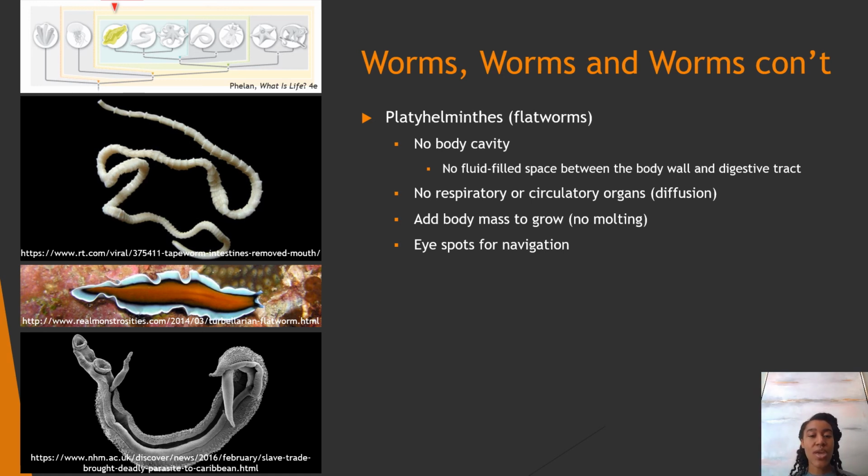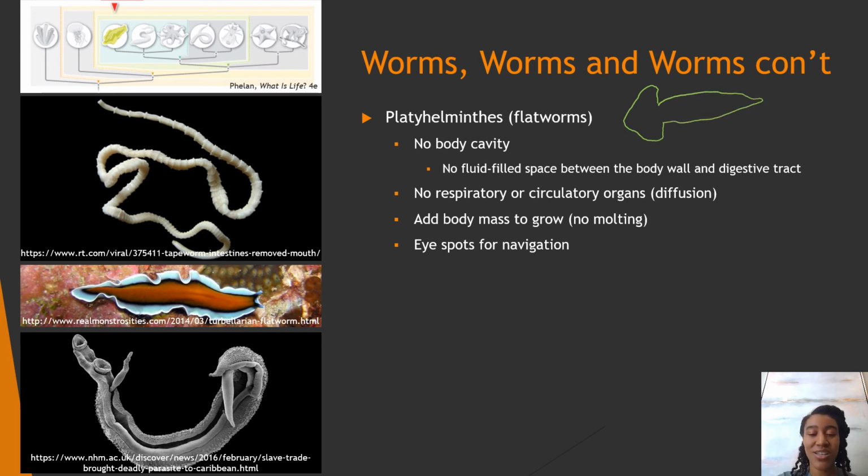In order to grow, they add to their body mass, so they do not molt, and many of them have an eye spot to help with navigation. I'm going to try to draw a picture of what a planarian looks like, because I didn't include a picture here, so you can kind of know what I'm talking about. But I do recommend Googling it, because we've seen my drawings, they're not that great. So a planarian looks something like this.